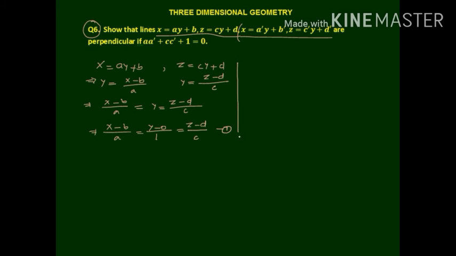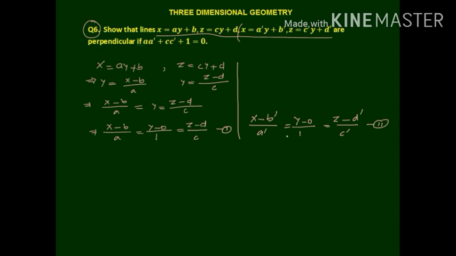Now in the same idea, if you write the other equation, you see there is only a difference of the symbol, a dash, b dash, etc. So here you could directly write the equation in the symmetric form. So it will be x minus b dash divided by a dash, y minus 0 divided by 1, and z minus d dash divided by c dash. This is the other line.